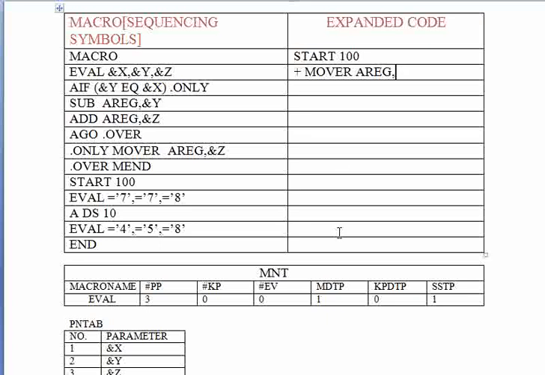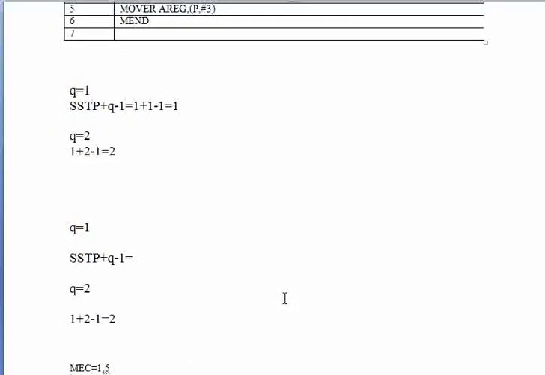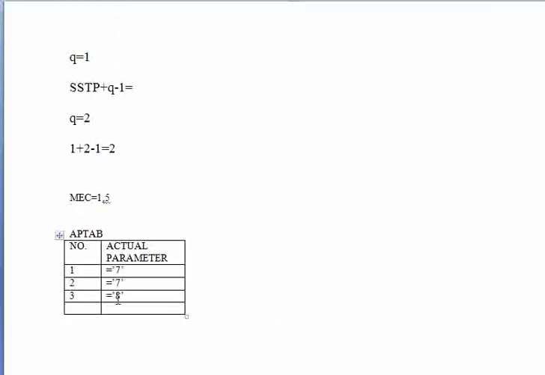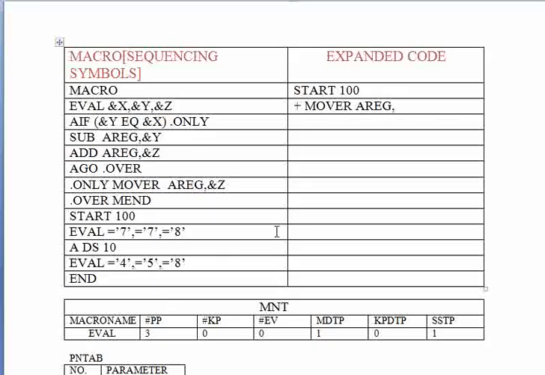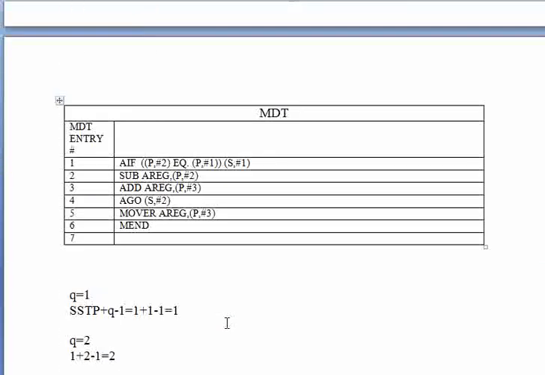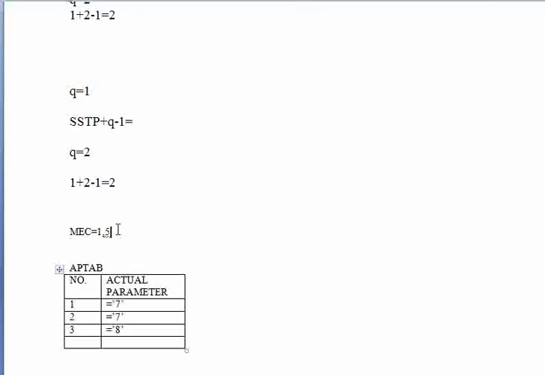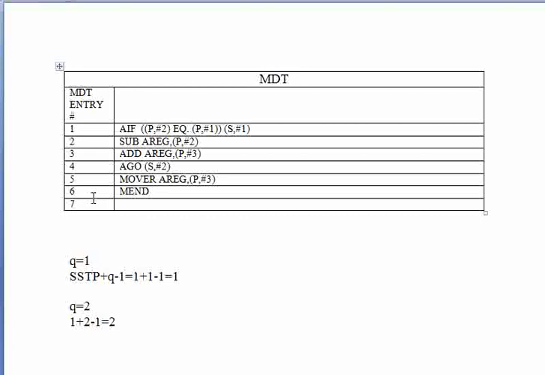Instead of P comma hash 3, go to your AP tab and see what is the value at position 3, which is 8. So we write this as equal to 8. And then by default, the MEC value is incremented by 1, so it becomes 6. Go to line number 6.